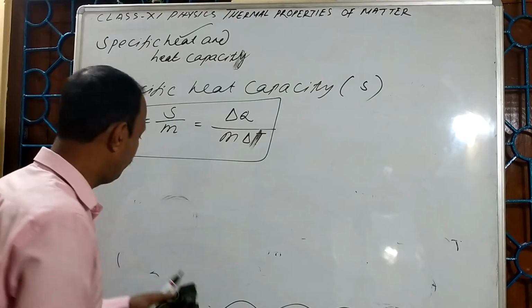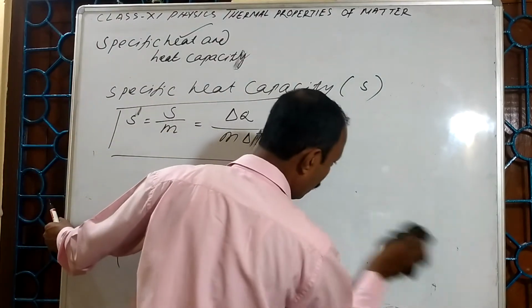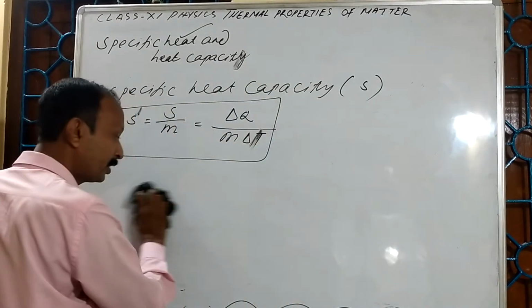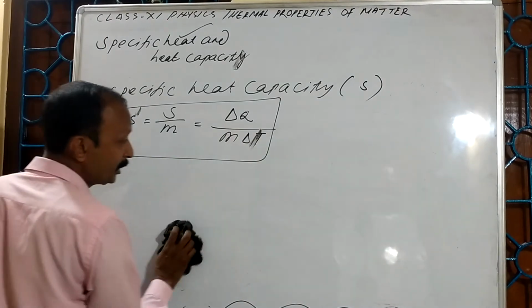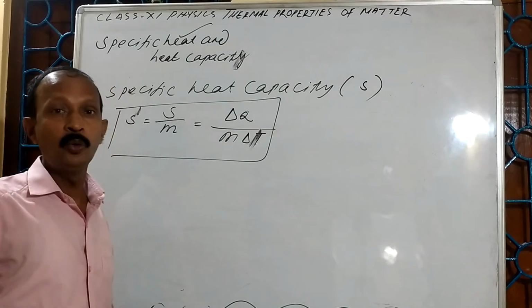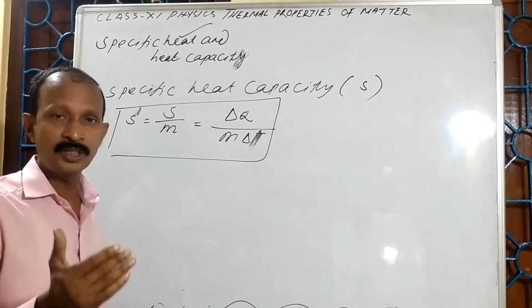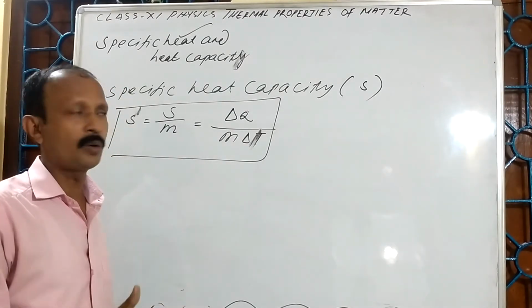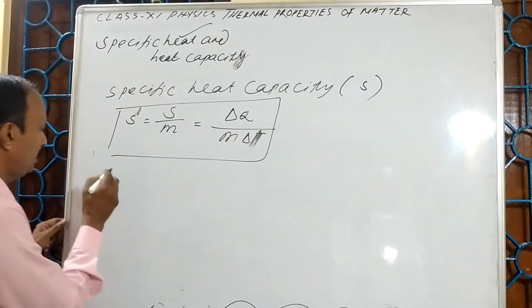So what will be its definition? The amount of heat energy required to raise the temperature of a unit mass of a substance, and using unit mass, heat capacity per unit mass, that is called the specific heat capacity.